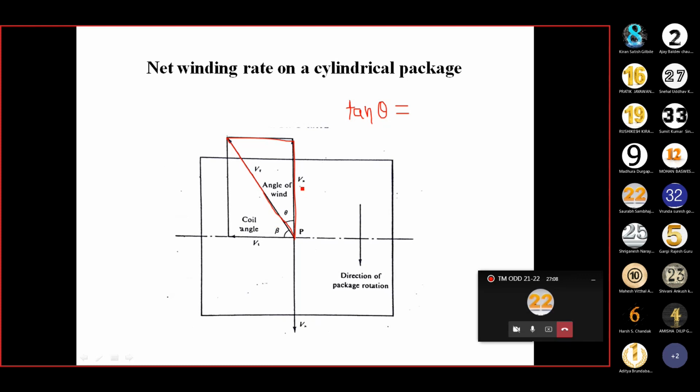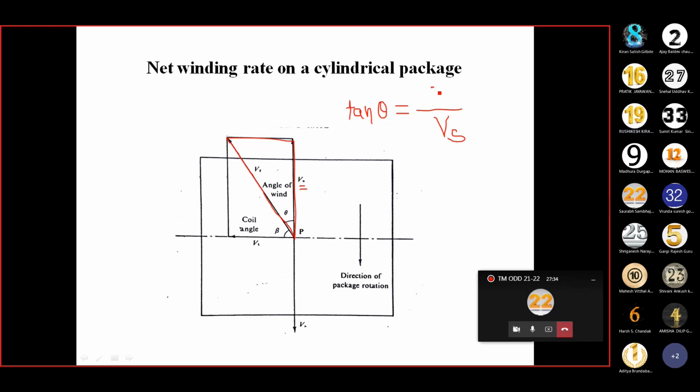Opposite upon adjacent. Adjacent we know, adjacent is Vs. What can come in the opposite?